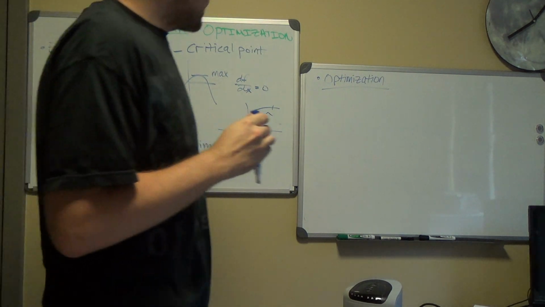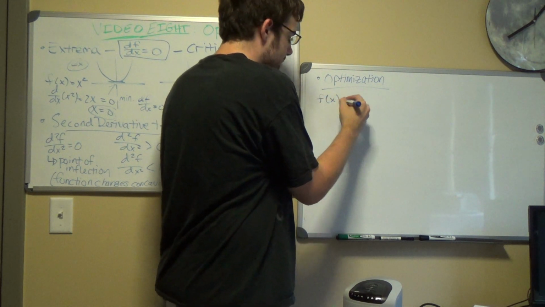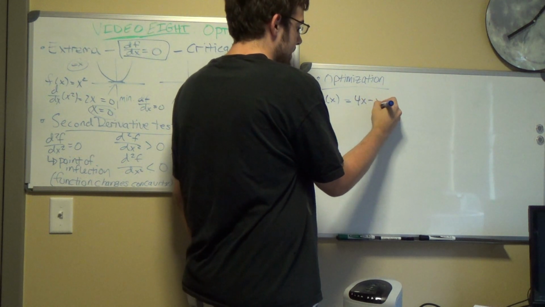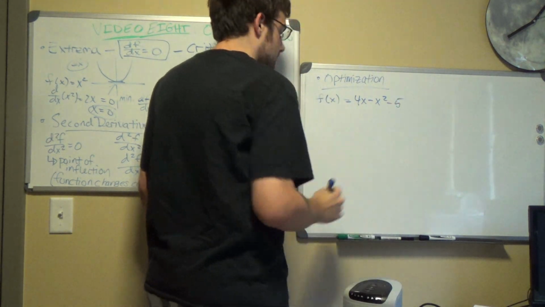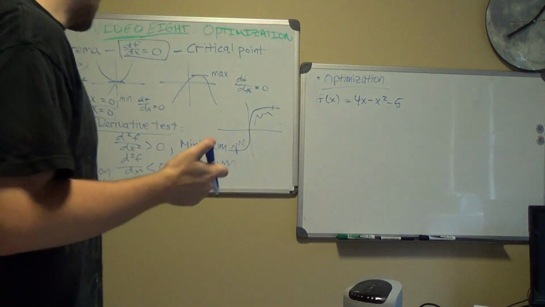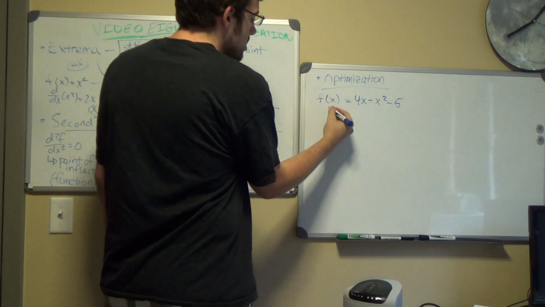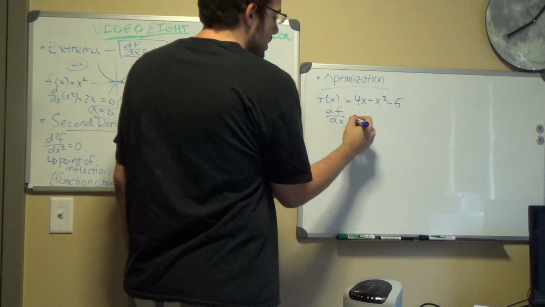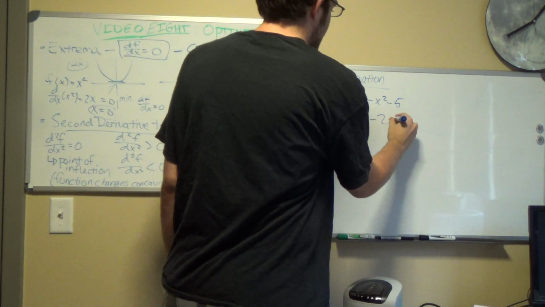Okay, so our first example is f of x equals 4x minus x squared minus 5. First we want to find out what points are extrema in this function. So we take the first derivative, df/dx, and that's equal to 4 minus 2x.